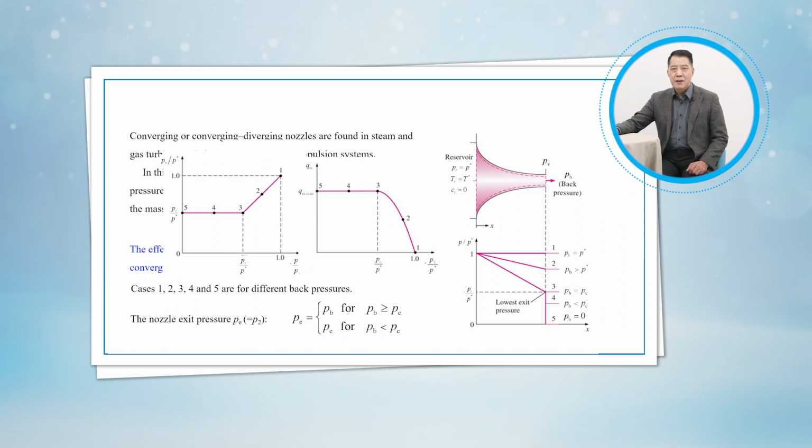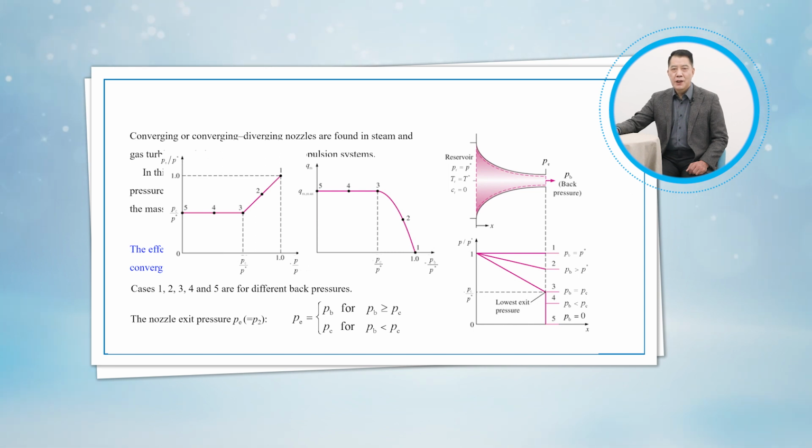To summarize, for all back pressures lower than the critical pressure Pc, the pressure at the exit plane of the converging nozzle PE is equal to Pc. The Mach number at the exit plane is unity, and the mass flow rate is the maximum flow rate.